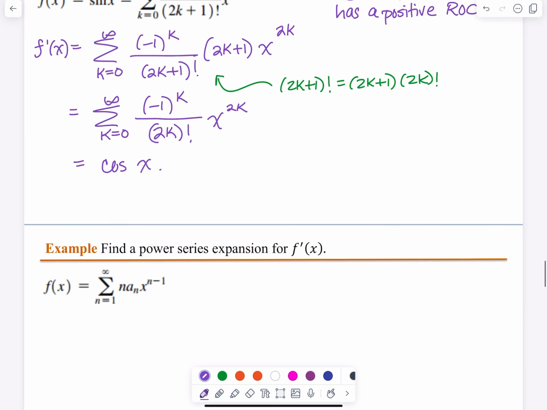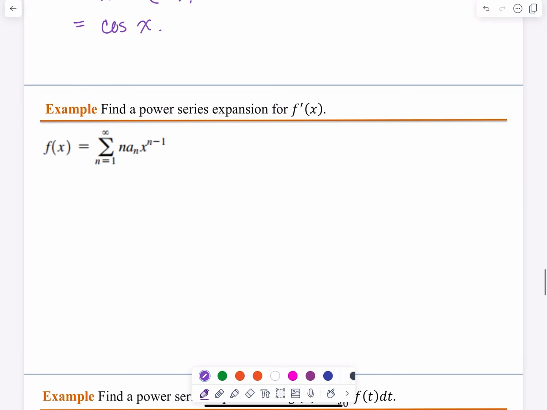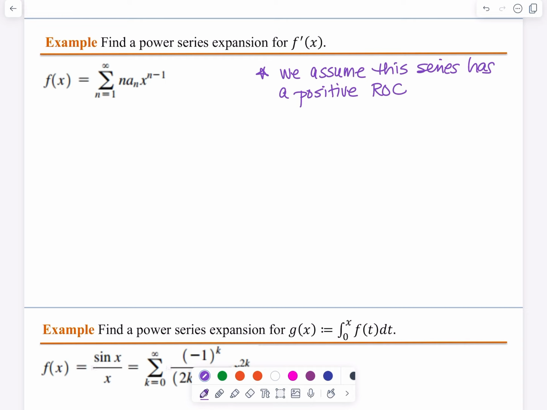Okay, let's give another one a try. Let's find the derivative of this function given here. We will assume that the series has a positive radius of convergence. And let's just jump right in.